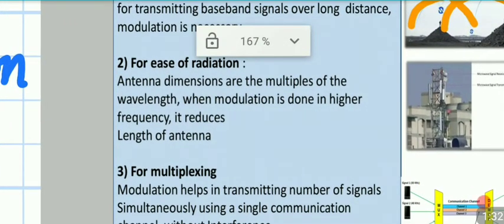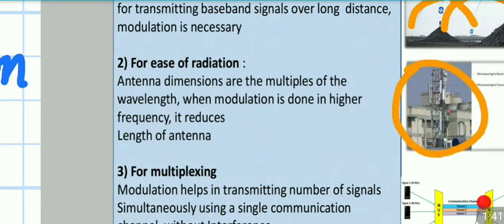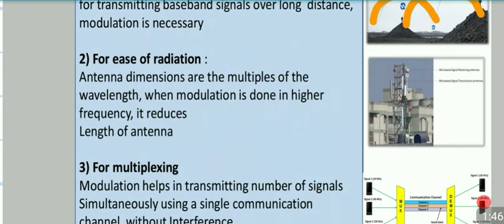The next point that we are going to discuss is ease of radiation. What do you mean by ease of radiation? Designing the antenna, which you can see here in this picture, is a difficult task for an engineer. The dimensions of the antenna are multiples of the wavelength.